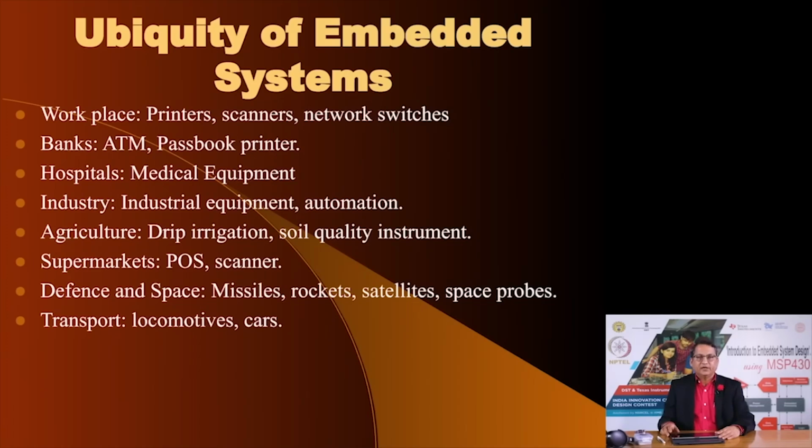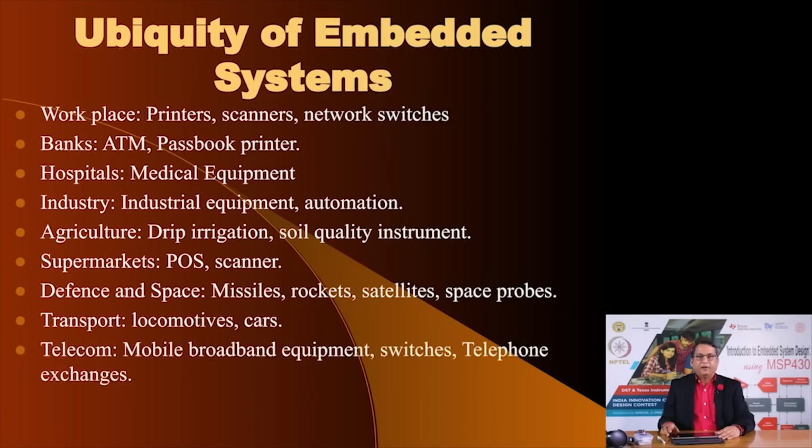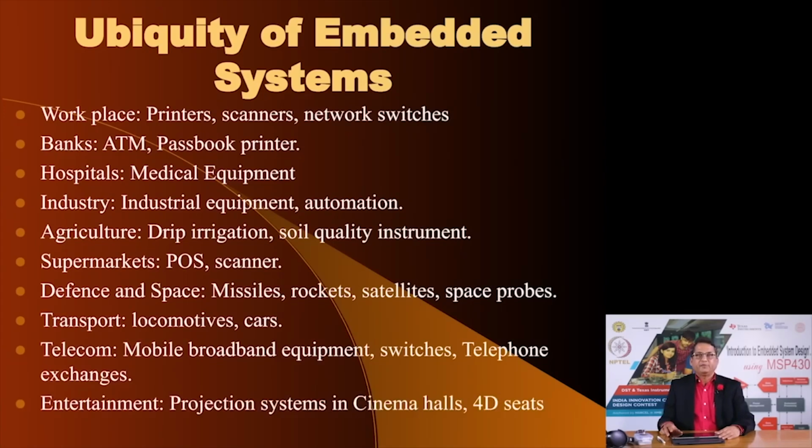In the telecom sector, we have mobile broadband equipment, switches, telephone exchanges, and for entertainment, we have projection systems in cinema halls as well as 4D seats where you get an out of the world experience, because as you watch a movie, based on the content of the movie, the seat vibrates or it moves from side to side and so on and so forth. So, these are all examples of embedded systems.